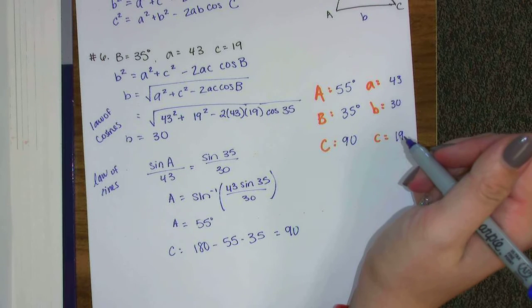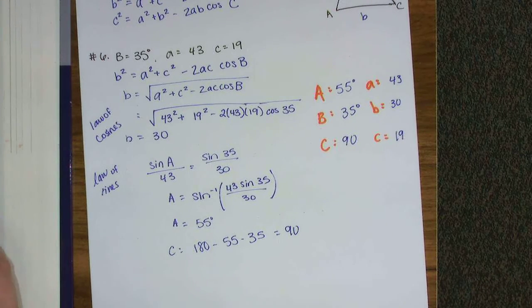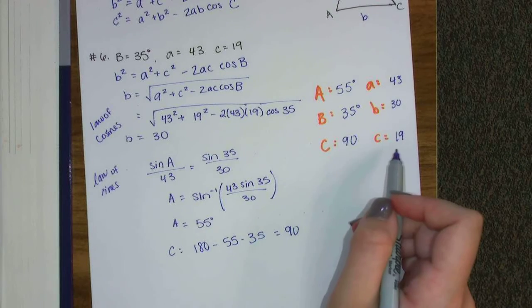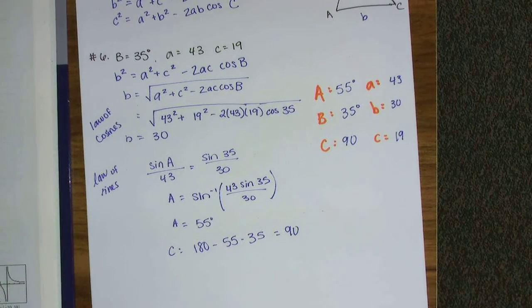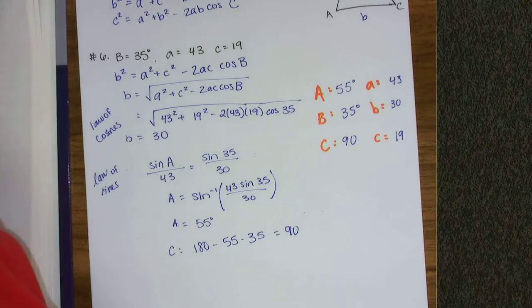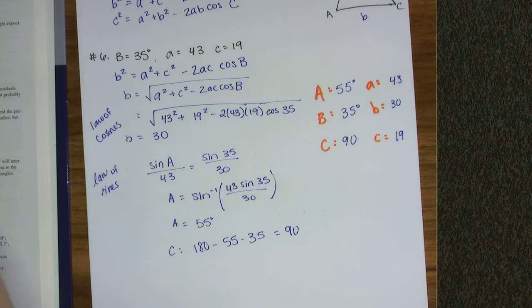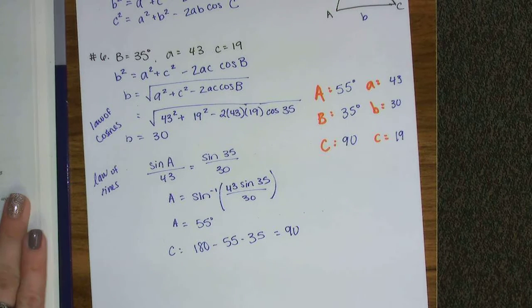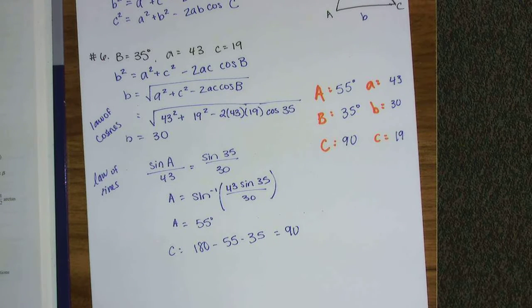Let me check this answer really quick because it doesn't seem right. The biggest angle has the smallest side. Something seems off here, so I need to check. Obviously our answers might be a little bit off, but that seems pretty off to me, so it tells me something is probably wrong.